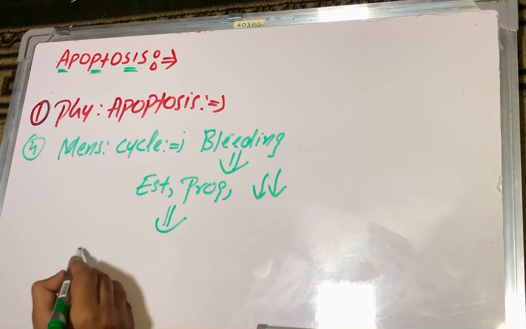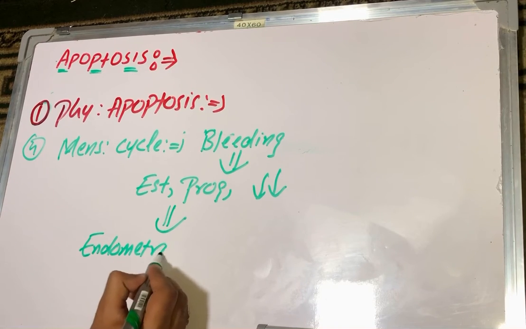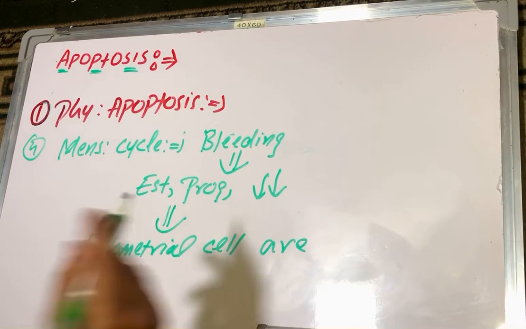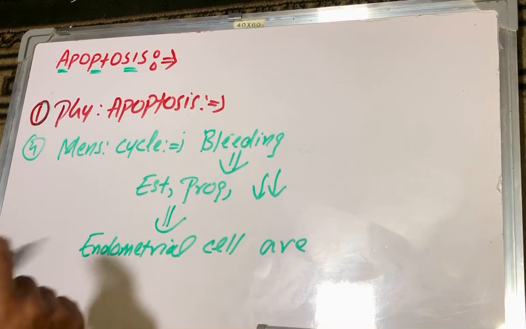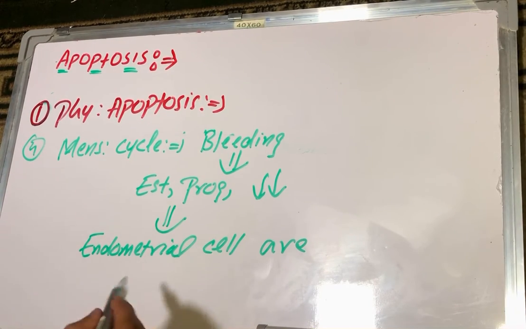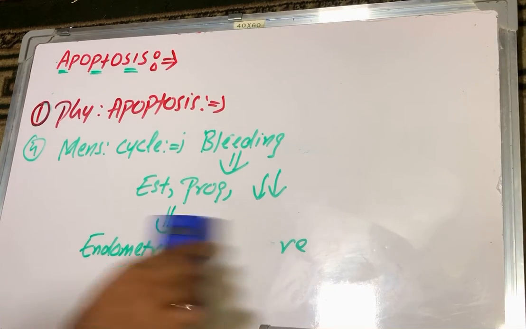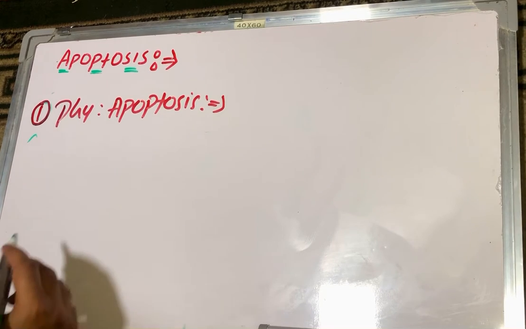And we know that endometrial cells are dependent on the progesterone level during the menstrual cycle. So when progesterone level decreases, endometrial cells undergo apoptosis. So these are the physiological conditions in which cells undergo apoptosis.